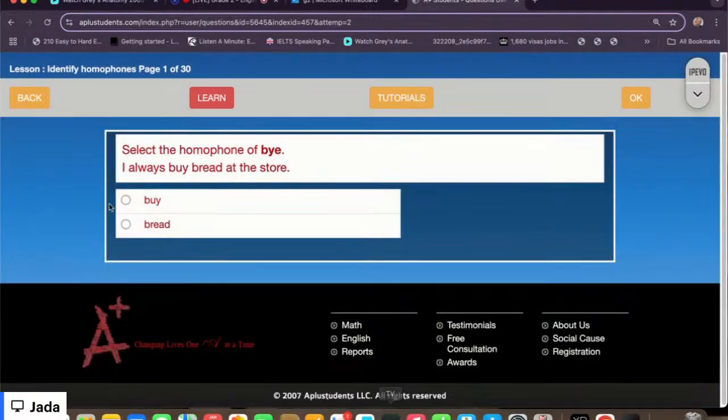You will look at these and then tell me which one is the homophone, okay? So we have select the homophone of buy. So we have buy. Which one is the homophone here? I always buy bread at the store.